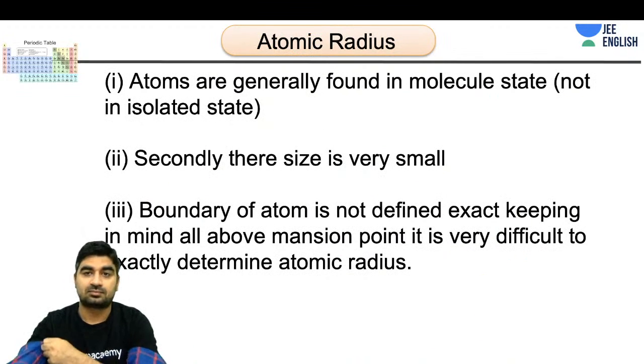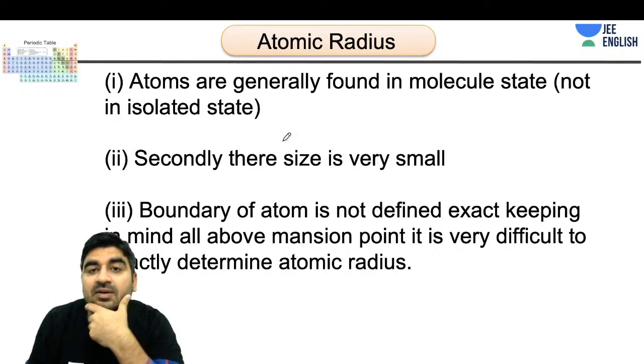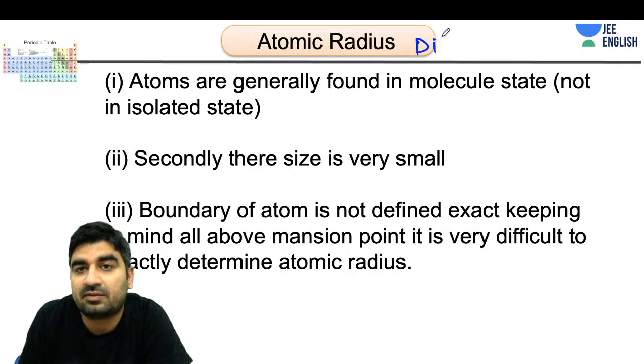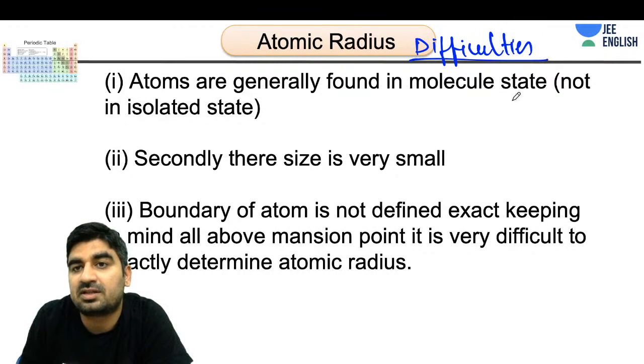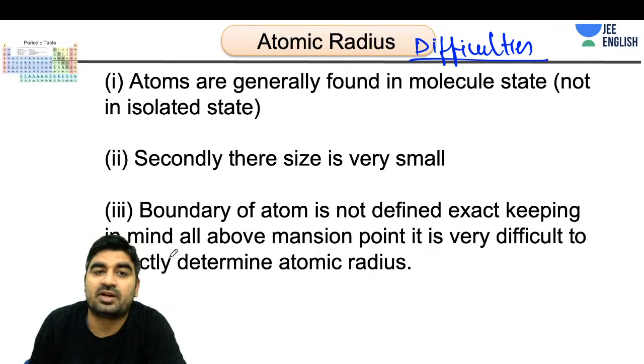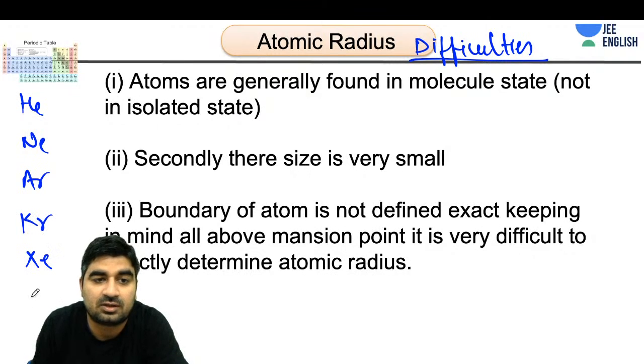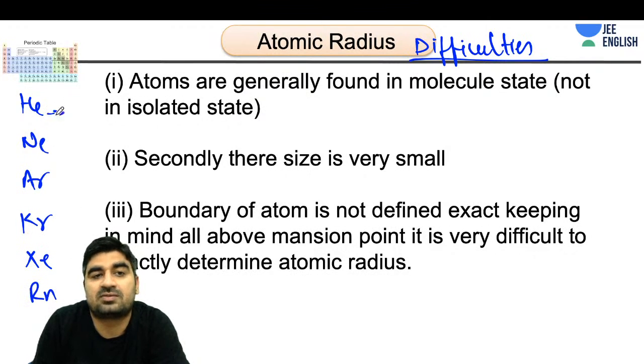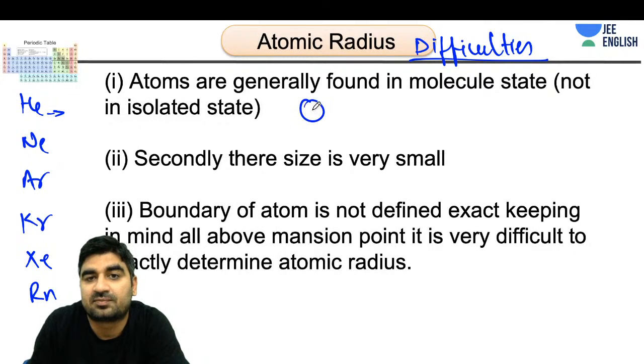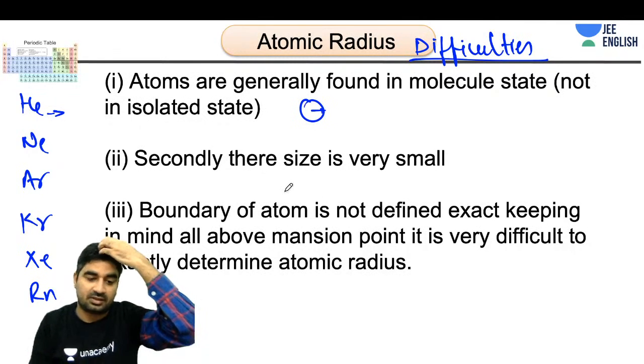So what are the difficulties we face while measuring the radius of an atom? When we talk about helium, neon, argon, krypton, xenon, radon, these are gases which exist in monoatomic state, so you can determine their radius.